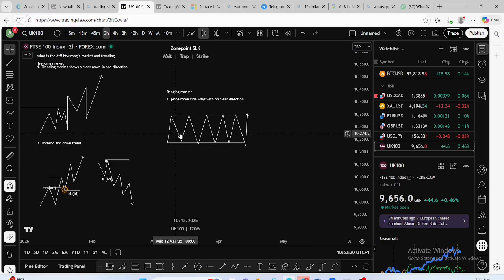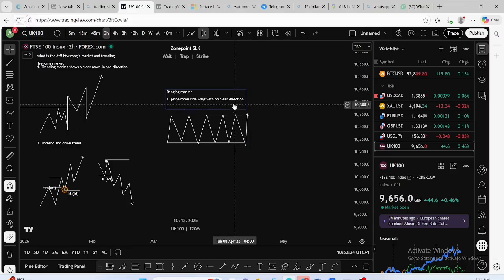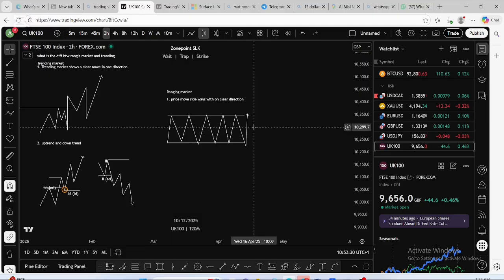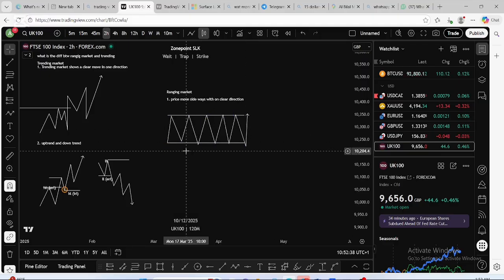But a ranging market does what? It moves in a sideways direction. It does not give you a clear direction. You just tap into a resistance level, come back to a support level, tap into a resistance level, come back to a support level. That's what a ranging market does. Another thing is that a ranging market stalls between two levels. That's what I just explained now.